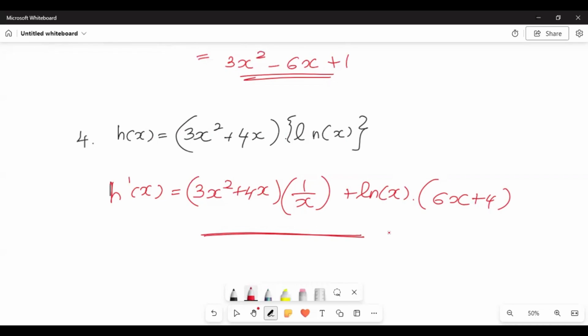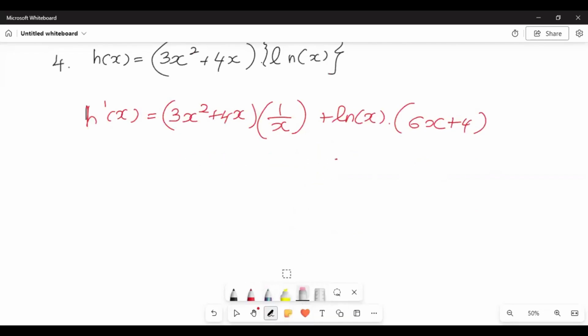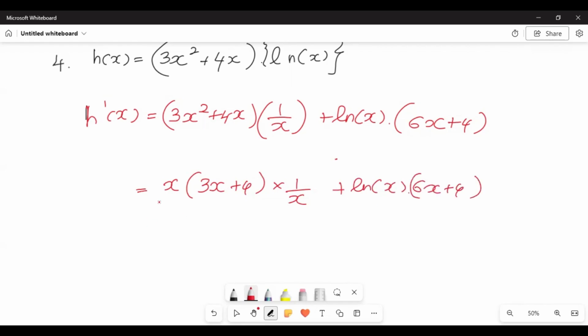Maybe you can simplify this. Like you can take x out from this. So it's going to be 3x times (3 times x plus 4) times 1 over x, plus ln x times (6x plus 4). You can cut x and x this way.